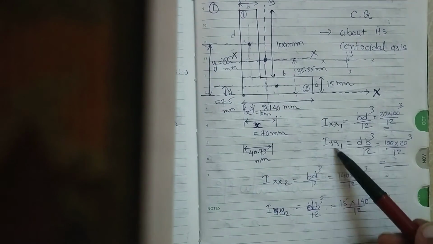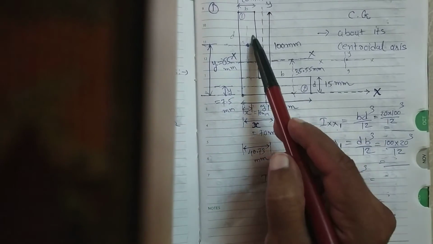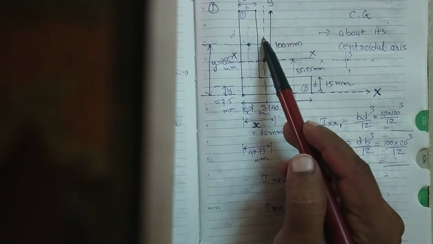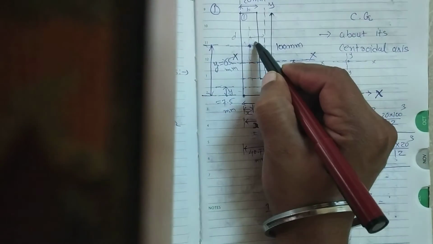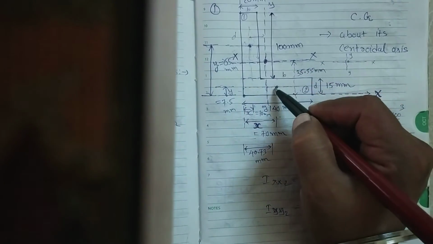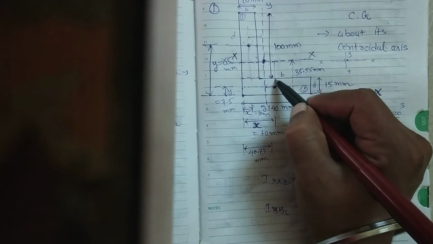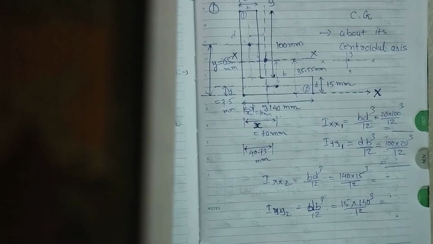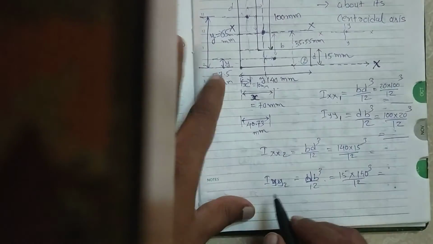So we have these values. We know that we have the moment of inertia, and this section is at some distance from this axis, even this section is at some distance from this axis. So here you have to utilize the theorem of parallel axis.